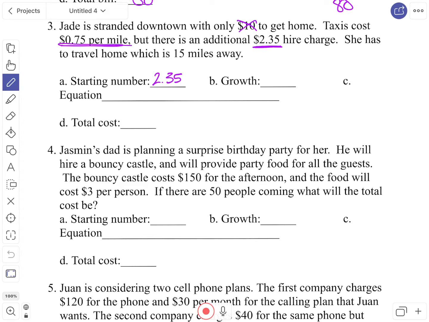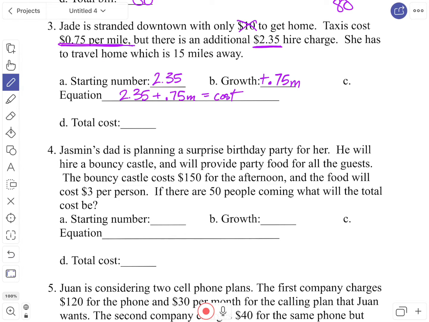Notice that 0.75 per mile is the one that's our growth. So 0.75 is per mile, so we multiply it by miles, the variable, and we're adding it to the cost. So it's 2.35 plus 0.75m is going to equal the cost.